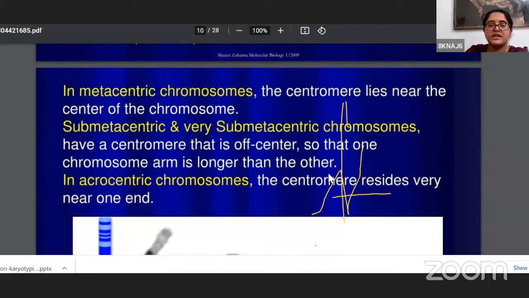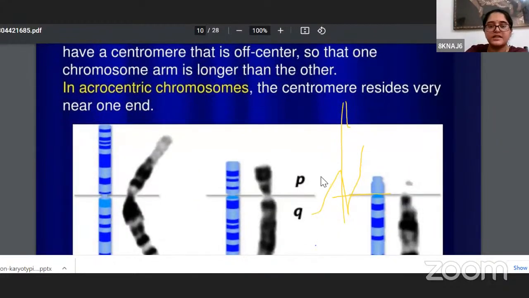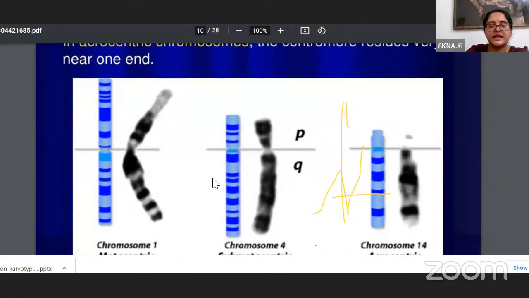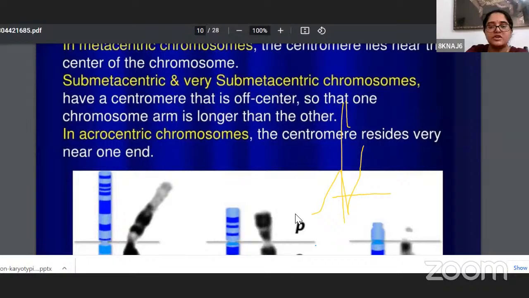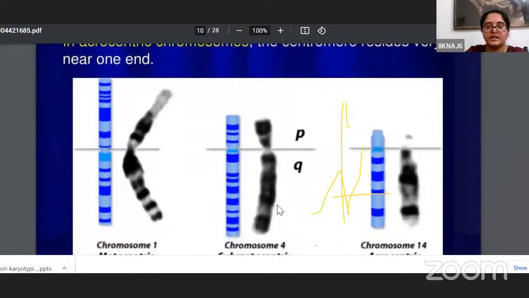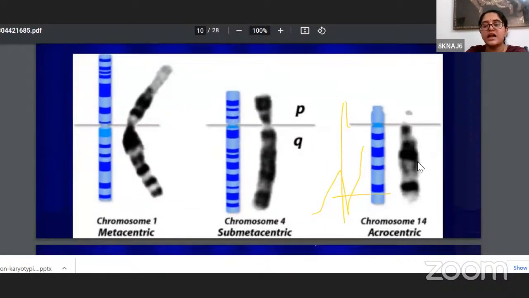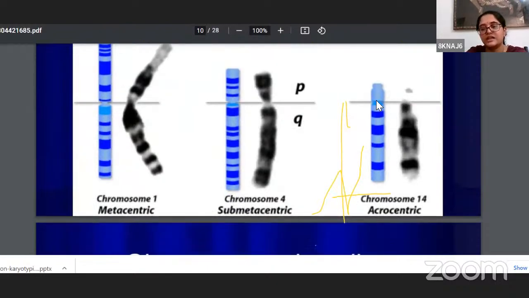In submetacentric chromosomes, the centromere is off center. It is not exactly in the middle, but is on the chromosome arm that is longer than the other. And in acrocentric chromosomes, the centromere resides at the very end.